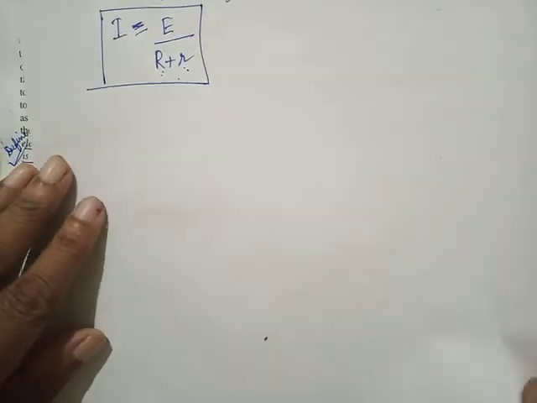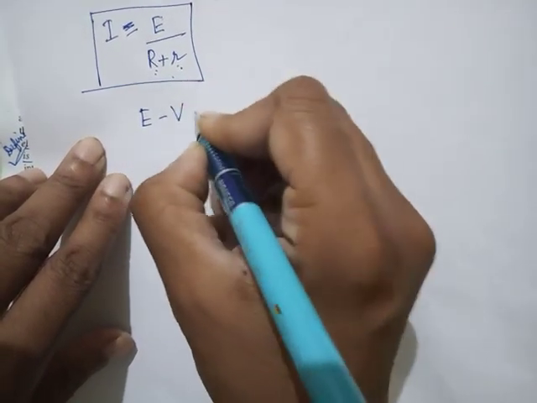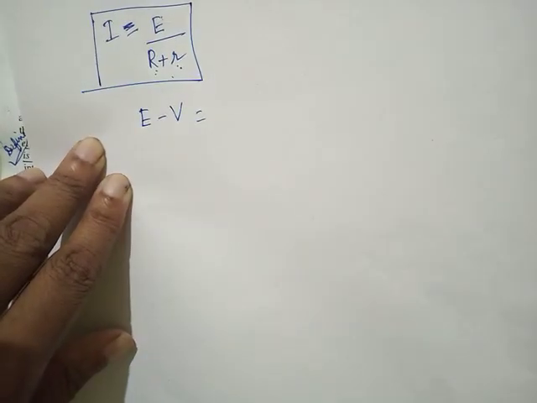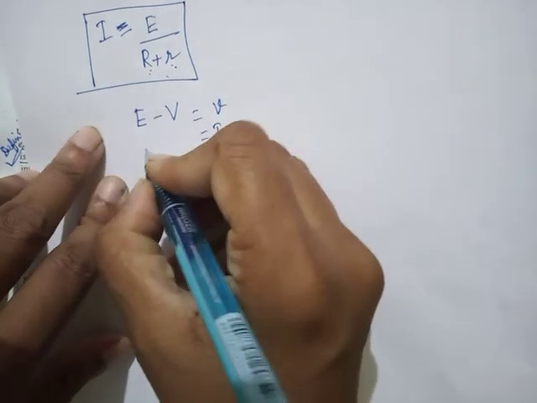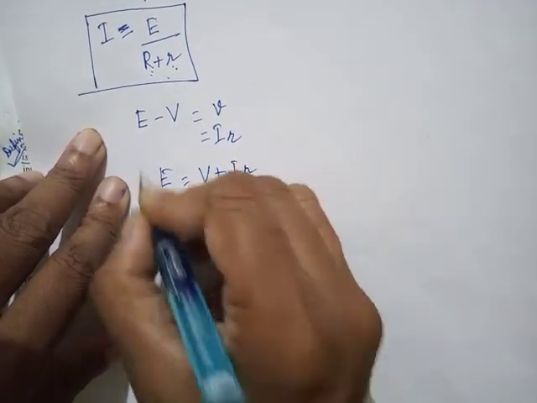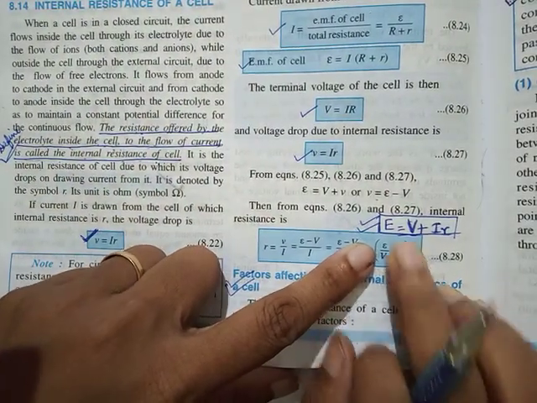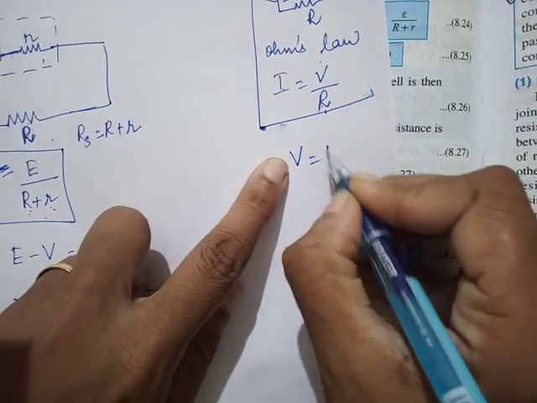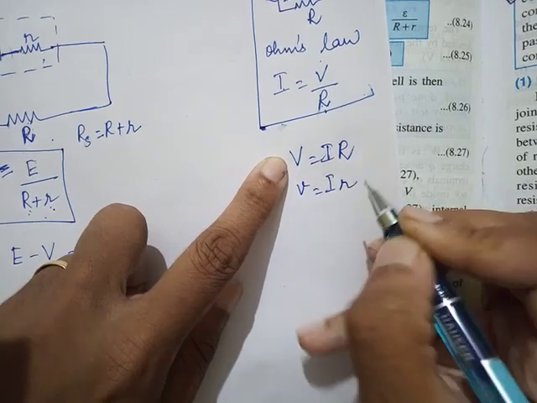Okay, so E minus V is equal to small v, which is also equal to I into small r, or E is equal to V plus I into small r. This is also another formula. And remember, capital V is I into capital R and small v is I into small r.